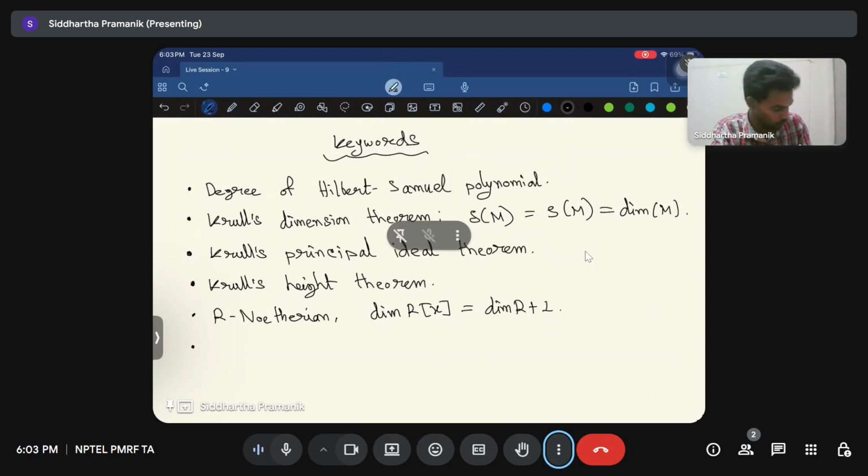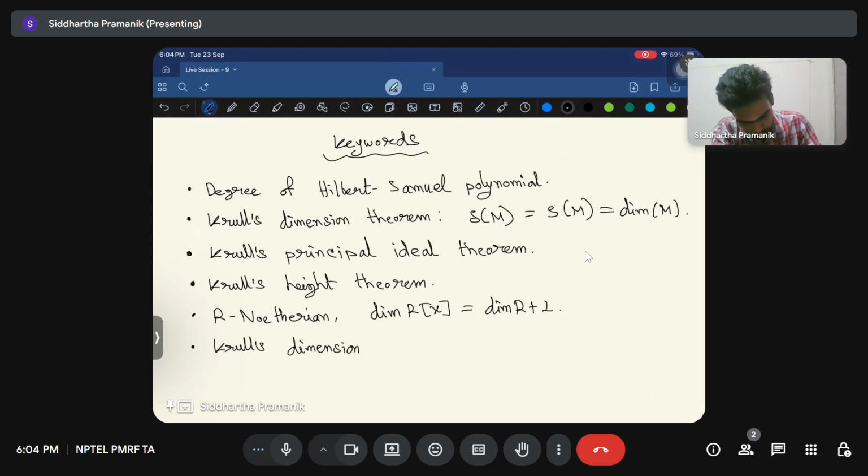And we also studied the dimension of affine algebras, or dimension of finitely generated K-algebras, meaning Krull dimension of affine domains, or let's write, finitely generated K-algebras which are domains.